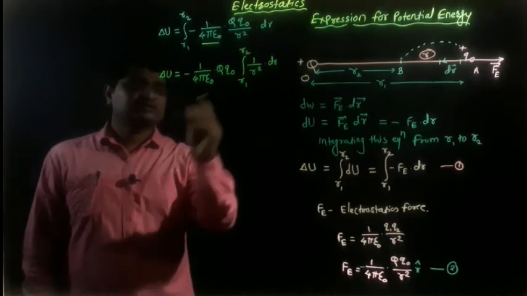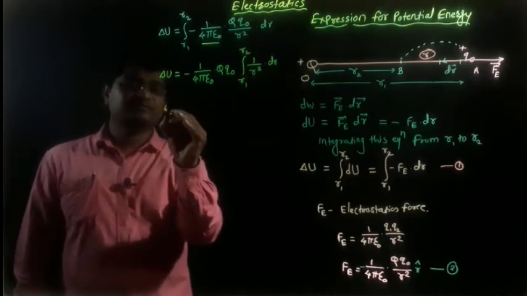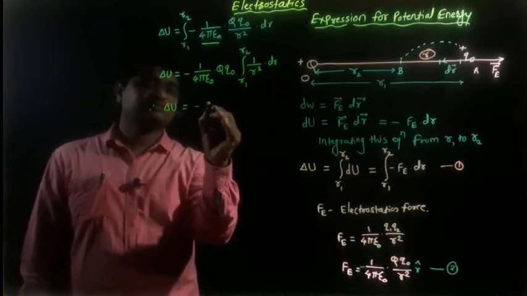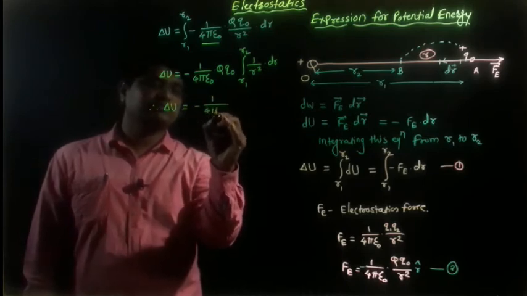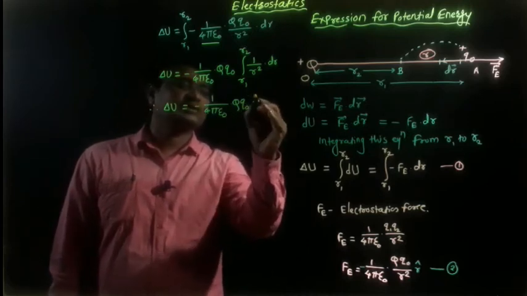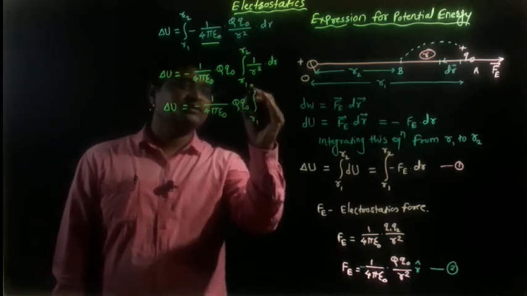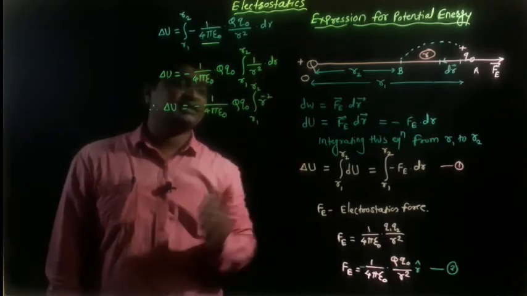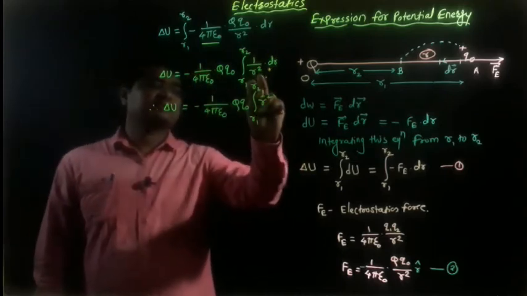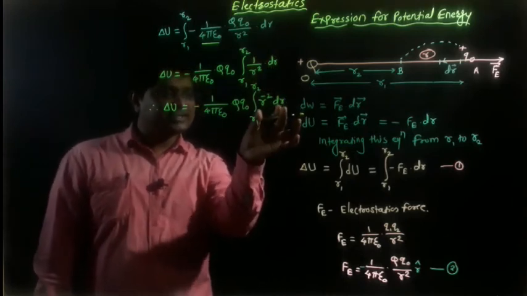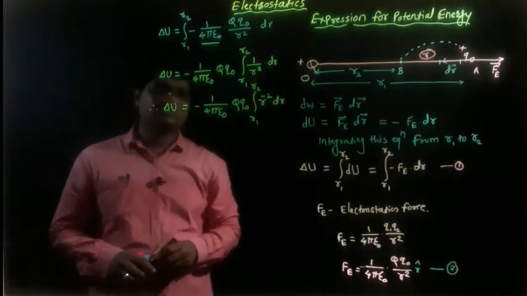So let's find the integrating value. The change in potential energy is equal to minus 1 upon 4 pi epsilon naught into capital Q into small q, times the integral from r1 to r2. Take the reciprocal, so we get r raised to minus 2, into dr, and easily we find the integral for the given equation.